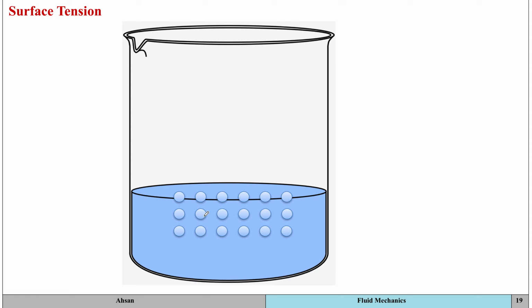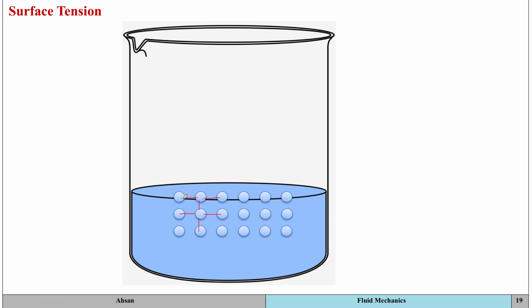The molecules that are under the surface are being attracted to each other in a balanced manner on all sides, so they're being held in their positions, right? Whereas the molecules at the top are only being held in place by the molecules next to them, or let's say the molecules under them if we're looking at the plane.